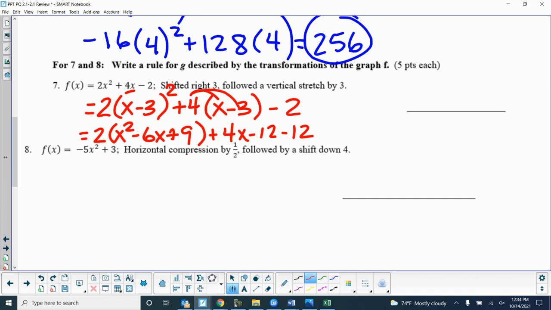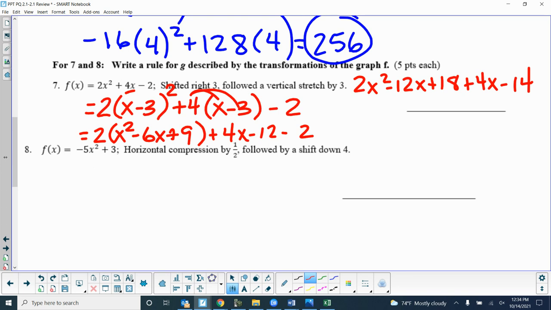So 2 times x squared is 2x squared. 2 times negative 6x is negative 12x. 2 times 9 is 18. Wait, where's the 4 coming from? Right there. Oh, okay. I put 12 earlier, but it's only a 2, right? What's 18 and negative 12 and negative 2?